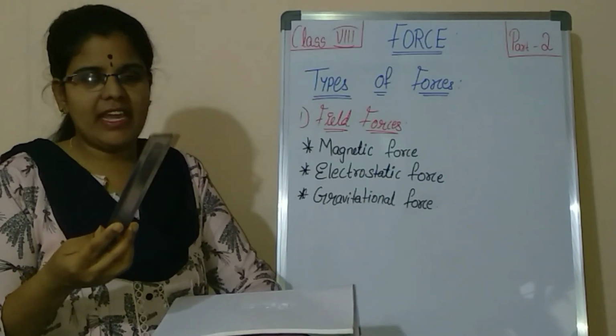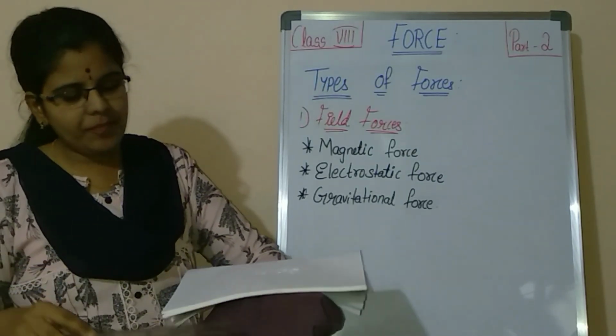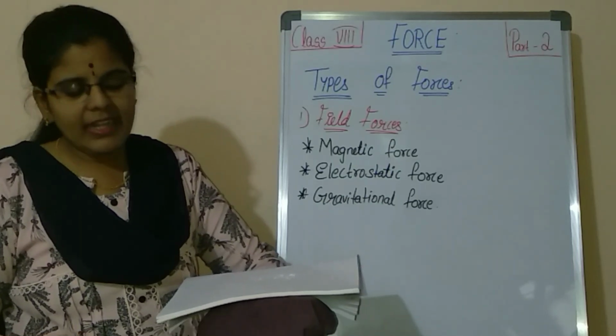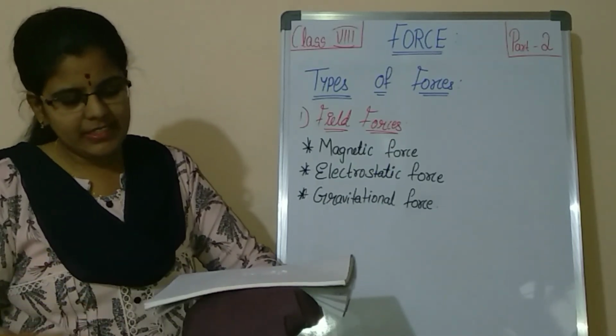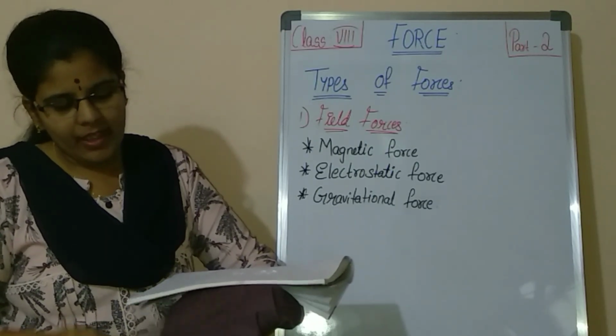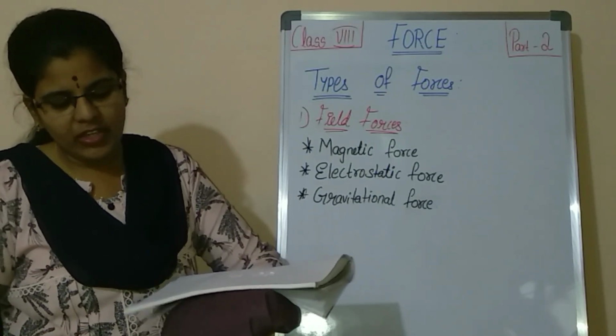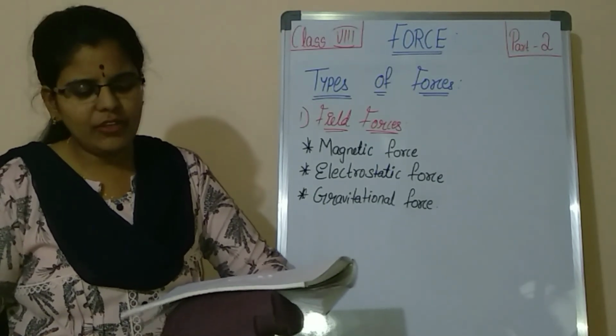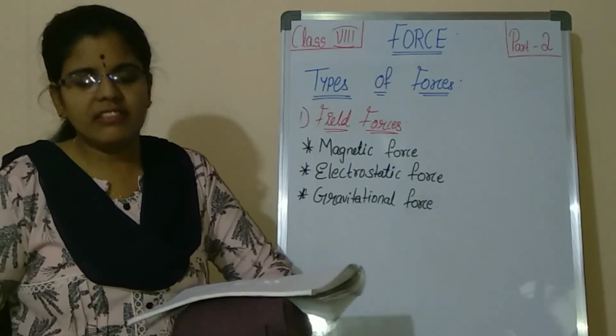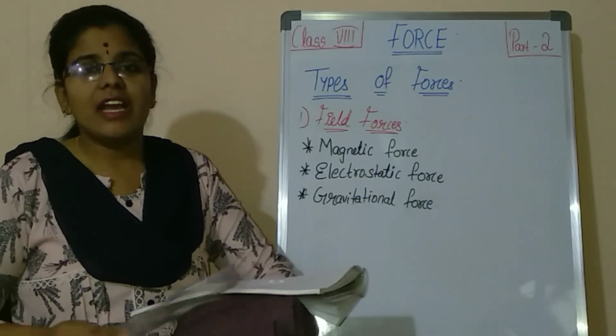I have taken one plastic scale, a few pieces of paper and a nylon cloth, and I am going to rub the scale against the cloth. I think many of you have done this activity in your classes for fun, but there is a lot of science in your games too. Just the thing is you need to know it.